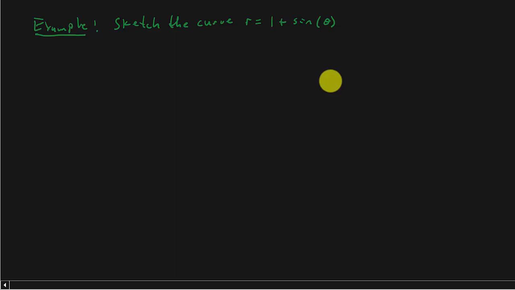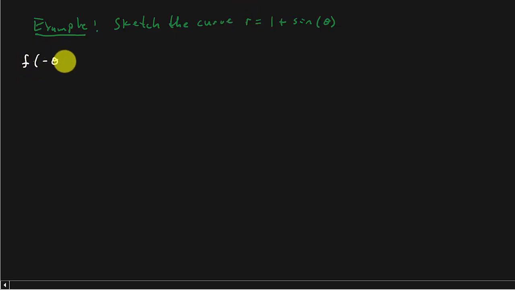All right, so as promised, we're going to look at the symmetry. So let's test this out. I've got f. Once again, I'm going to replace the r with the f.